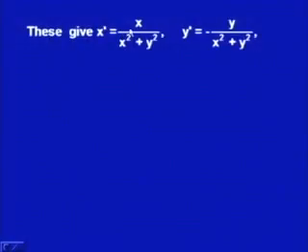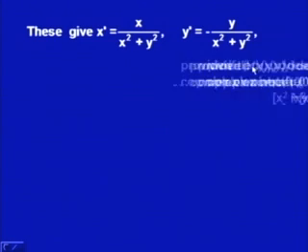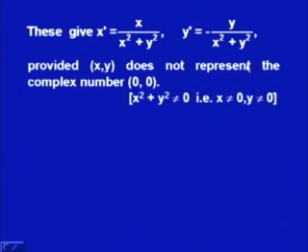So, we get these expressions, and if we simplify those expressions for x' and y', we get x' equal to x by x square plus y square and y' equal to minus y by x square plus y square. And therefore, of course, here the denominator, that is x square plus y square, should not be 0.